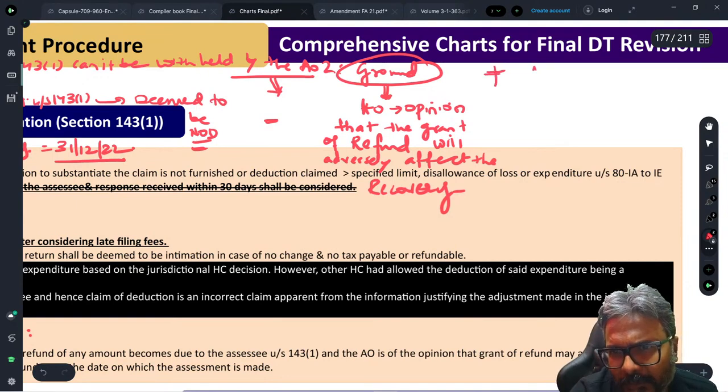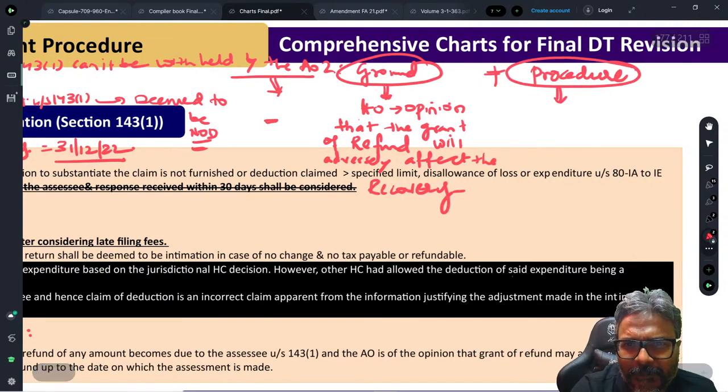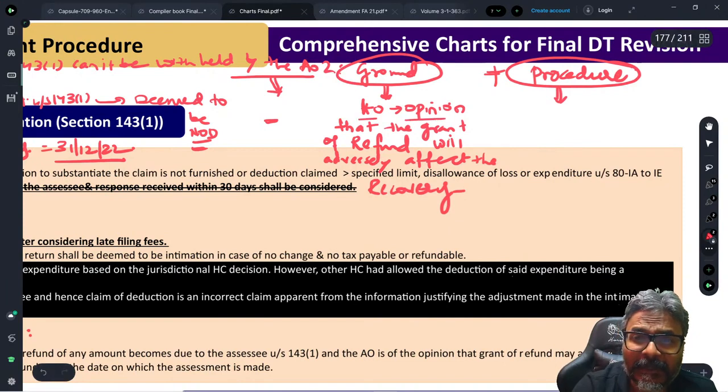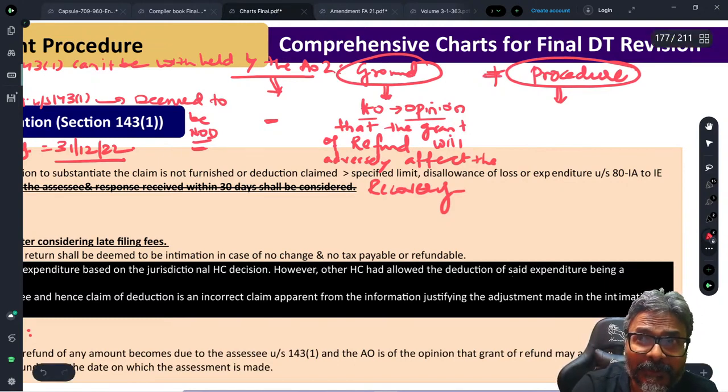Then in that case, what is the procedure, students, that they need to follow? So here the AO is of the opinion that the grant of the refund will adversely affect the recovery. Now what is the procedure? Two procedures are there.